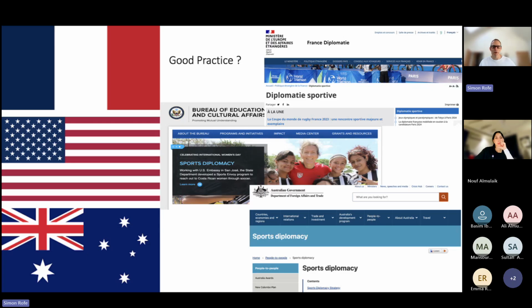We will see some sport diplomacy on behalf of the United States, as espoused by Mr. Trump, come the final of the World Cup for sure. It was announced yesterday that he will be present and indeed delivering the trophy to the players who ultimately end up winning the tournament. And as it were, the grandfather of sport diplomacy strategies, Australia, who were the first to articulate this in 2015.